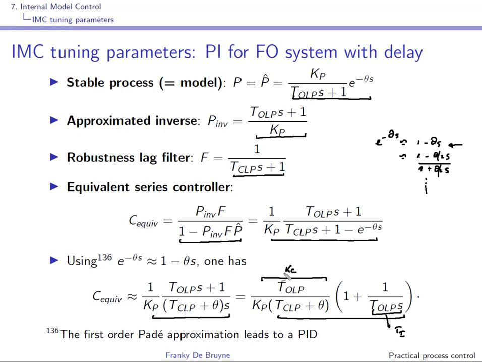If you go and look at the IMC tuning table for first order with delay, you will see that the controller gain can be written as follows, and the integral time constant is the open loop time constant, and this certainly makes sense. If you use this other approximation, but this will be much more difficult in the calculations, you'll obtain the PID controller, and you'll obtain the IMC tuning parameters for a PID controller.